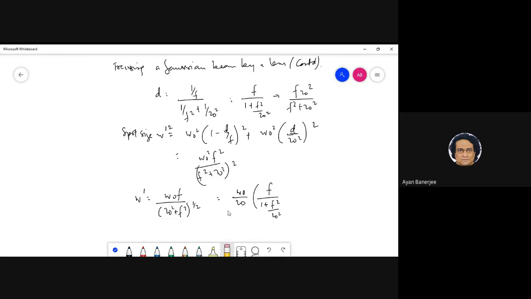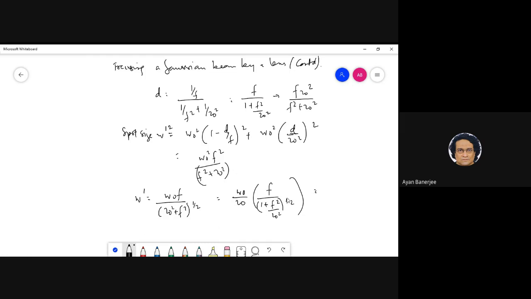Do that thing again. The power will come, this will cancel. This is wrong. There's no whole square. Okay, so this is half, it is fine.